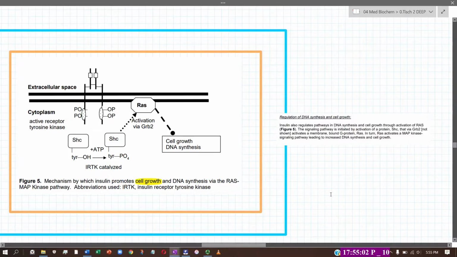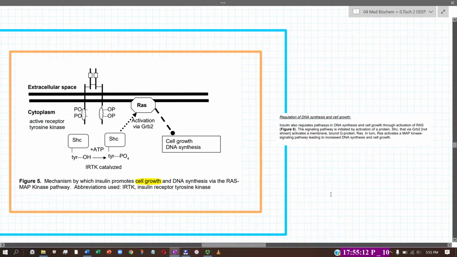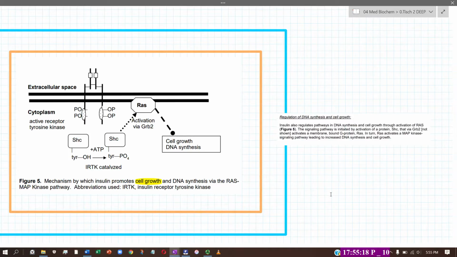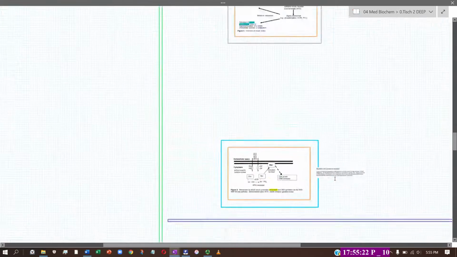So essentially, it's an indirect but effective way of signaling to the body that there is an abundance of food, so a lot of cell growth is allowed, that it's appropriate. Cool, all that's coming together.